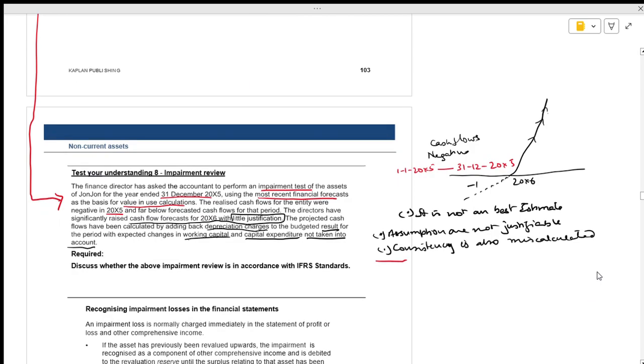When we are planning the cash flows, we have to make projections reasonably. Projections of cash flows are in terms of what? Continuing use of asset.